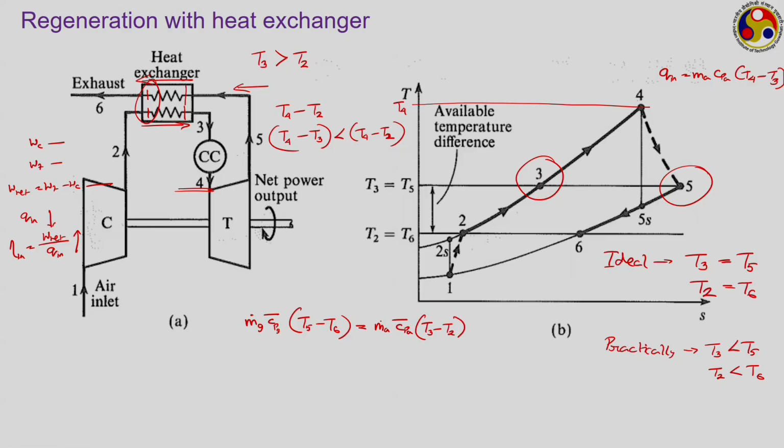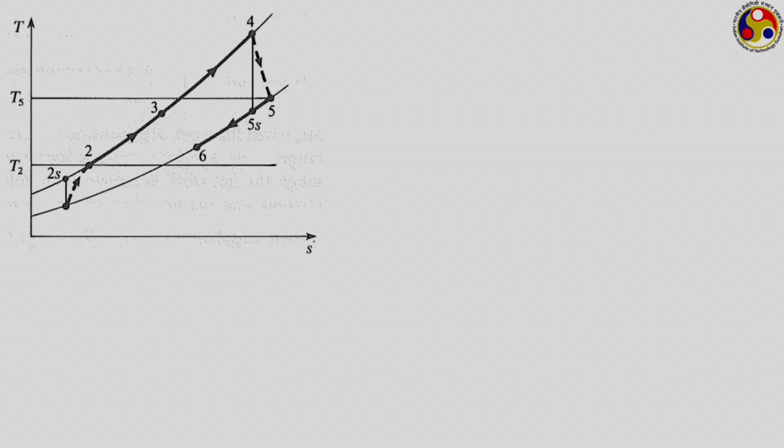As we are talking about a heat exchanger, we generally prefer to define an effectiveness to compare the actual performance with the ideal performance. If we look at the diagram for an ideal scenario, 2 is the point at the end of compression and 5 is the point for the gas at the end of expansion.